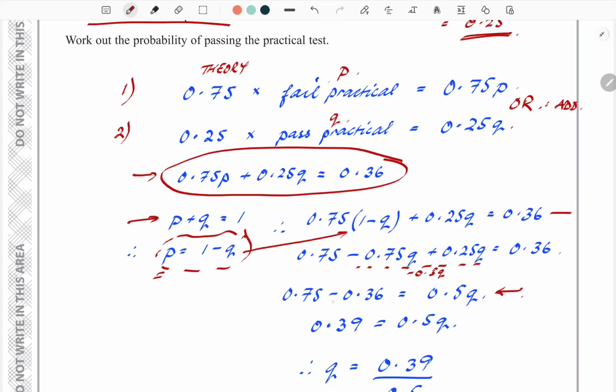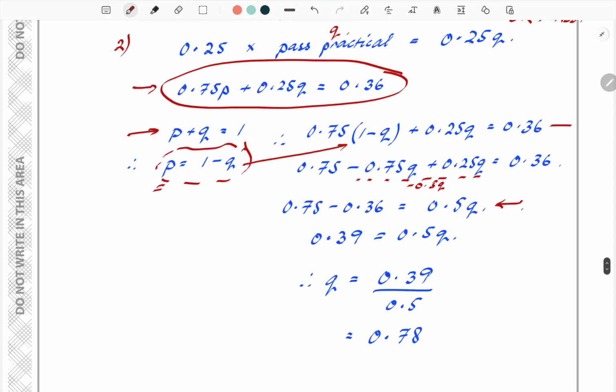So 0.75 minus 0.36. Just double check the mental maths. Yeah, 0.39 equals 0.5Q. Again, just swap it around, whichever order you want to do it in. And it's 0.39 divided by 0.5, and that comes to be 0.78.